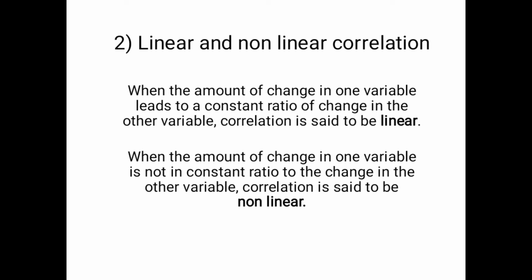When the amount of change in one variable leads to a constant ratio of change in the other variable, then the correlation is said to be linear. For example, if the price goes up by 10%, it leads to a rise in supply by 15% each time, then there is a linear relationship between price and supply.